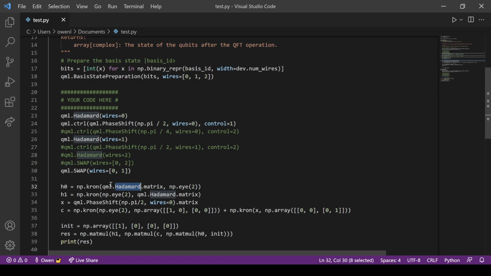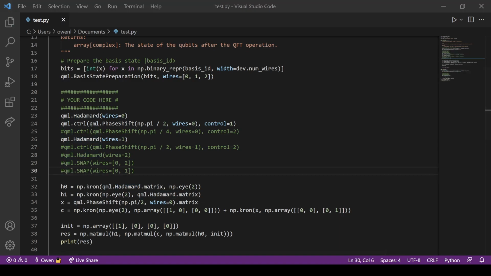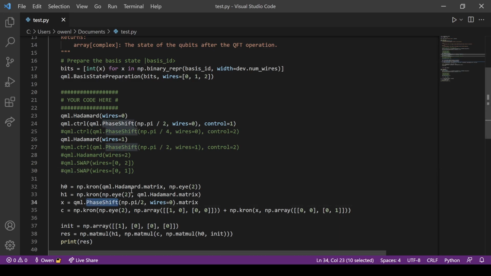So here I can undo the swap, I guess, for a more fair comparison. It doesn't change anything. Get the phase shift matrix. We're doing wires equals 0.